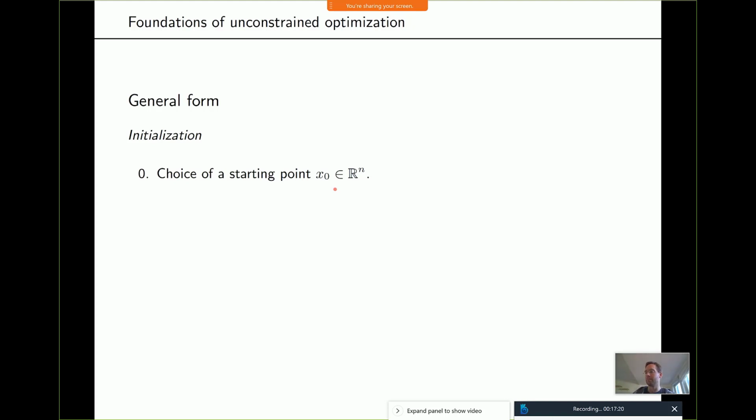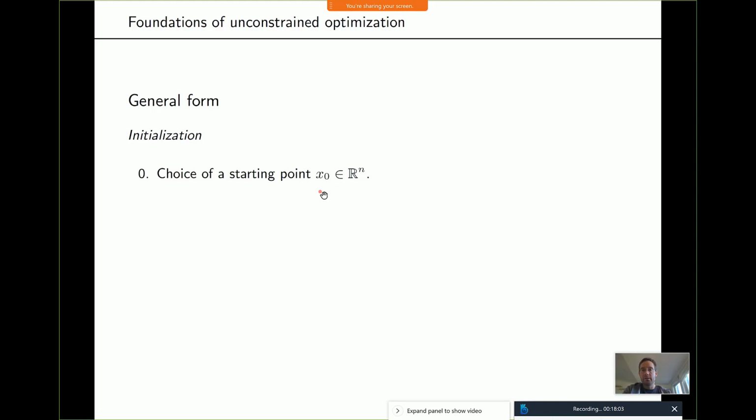Some people say you can randomly assign a starting point. I think one thing that is important is to make sure that if you assign a starting point, you check whether the algorithm actually moved from your starting point, because if it doesn't move at all, then it's usually a sign that you're in a very flat region of your objective function, and then you might look around a little bit in terms of your starting point to see whether you can give it a better starting point, so that you then actually see some minimization at least.